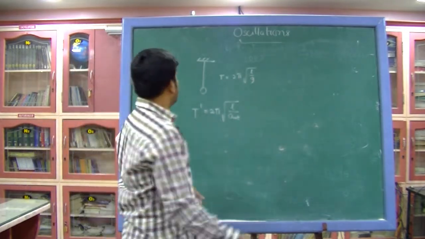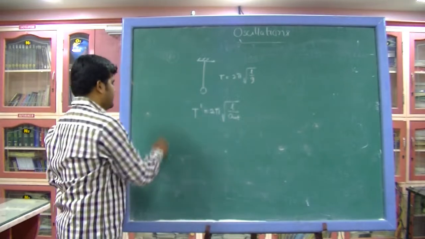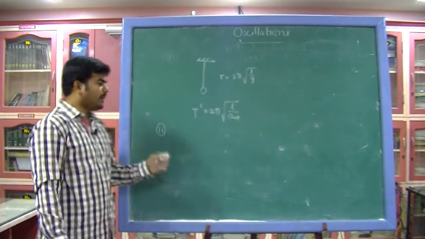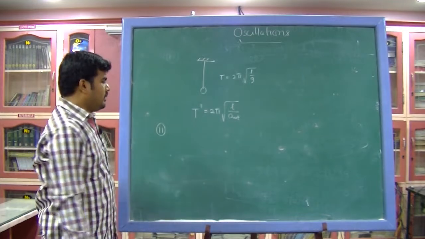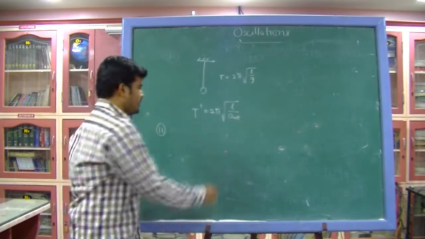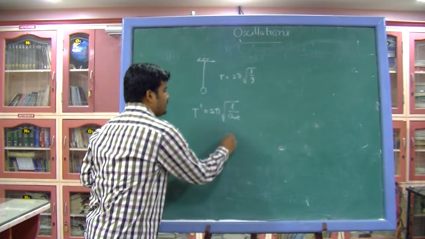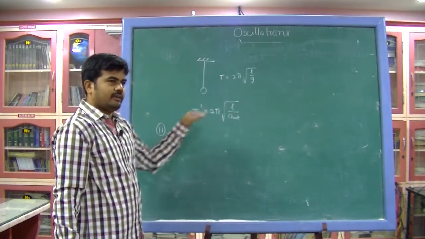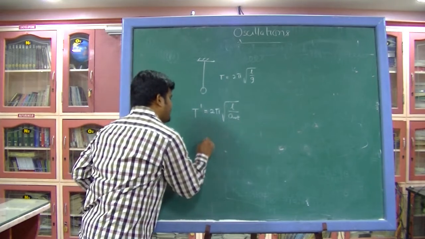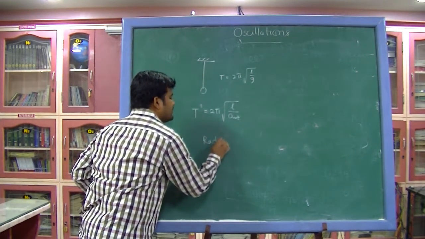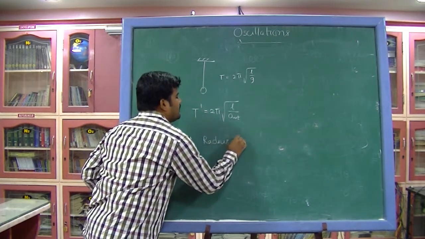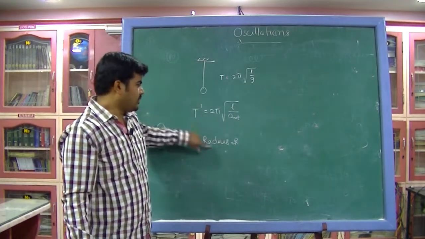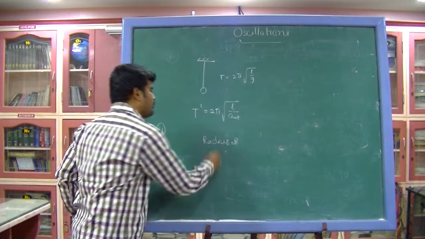So, the first problem related to this is question number 11. A pendulum is set up in a car, and that car is moving in a circular path of radius r with uniform speed.